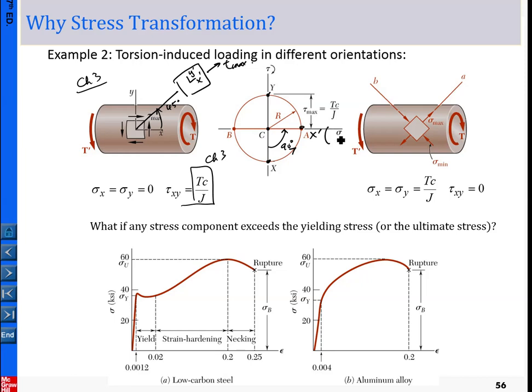Okay, x prime has the coordinate tau max, 0, because this radius is equal to tau max. Okay, and so y moves to here, y prime has the coordinate minus tau max, 0. So that means here is the maximum. Okay, so in this transformed x prime, y prime, we have the normal stress determined, that is in magnitude equal to tau max.